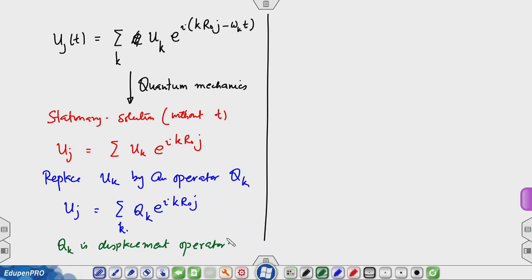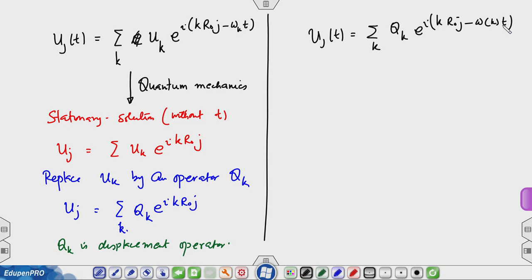In general, then since this is each mode, you can easily see by superposition u j t is going to be equal to summation k q k e raised to i k r naught j minus omega k t. So, I have just taken the stationary part and define it like this.